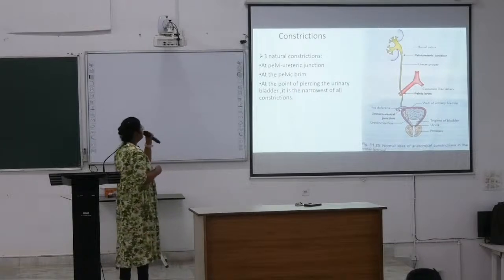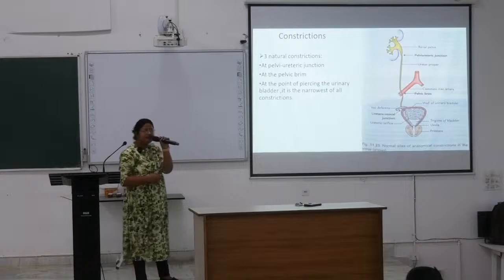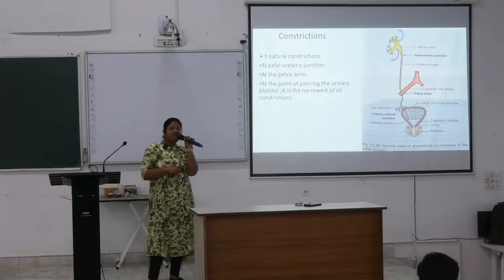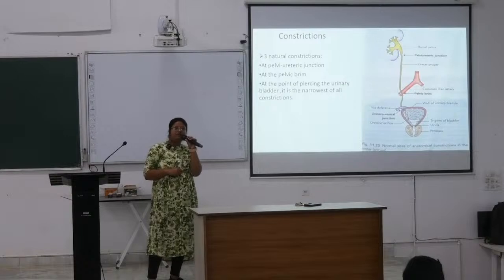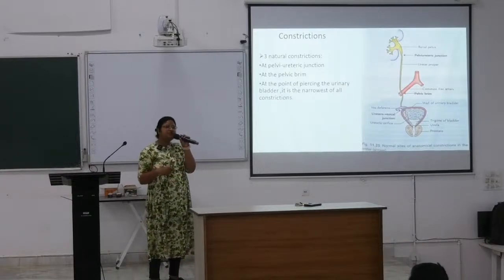Next is the constriction. Constrictions are very frequently asked, very important. It comes in your OSPE if the ureter is given in your OSPE question. It also comes as a short note in your theory paper.